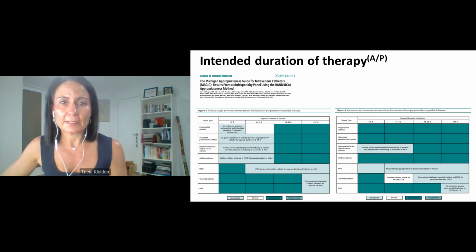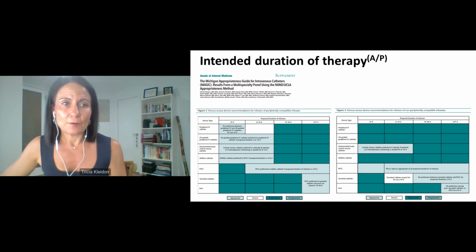This has various device outcomes and bases your decision making around this, and the patient caregiver preference as well as any published outcome data will help inform any future iterations of these guidelines. So it really gives you a length of treatment that is appropriate for different intravenous or peripheral intravenous devices as well as your more central devices.